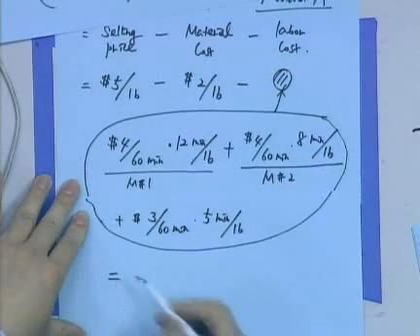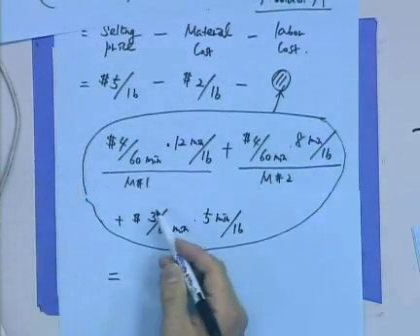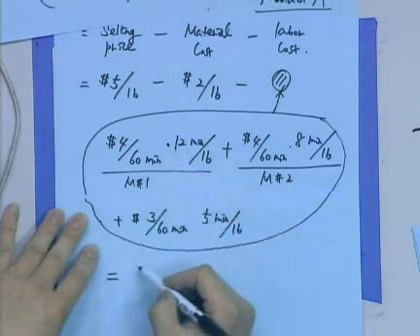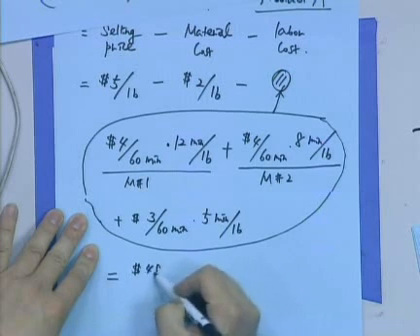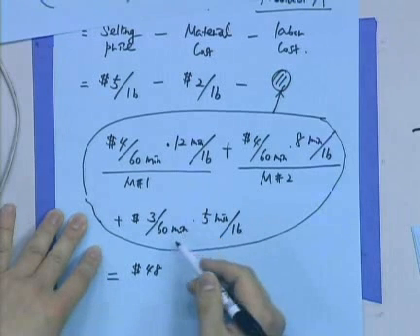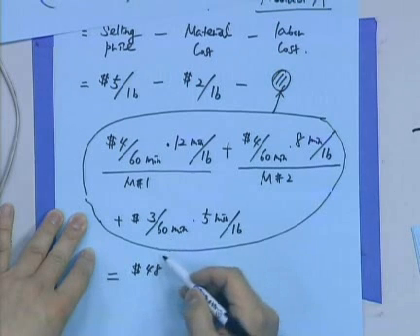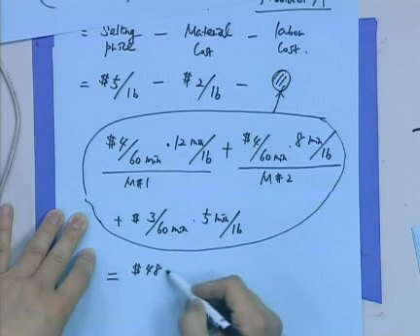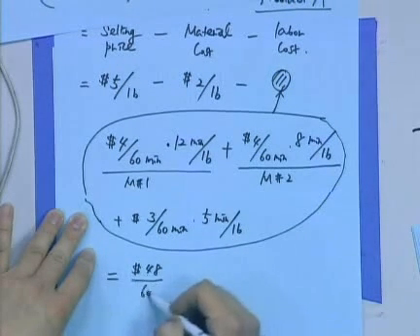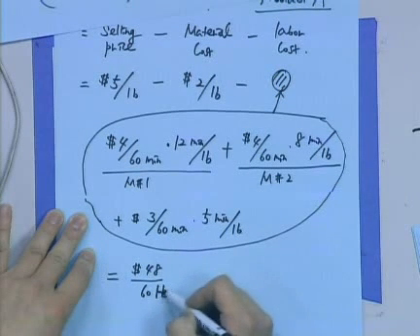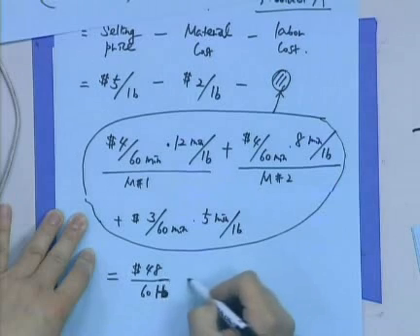And the labor cost becomes $48 per 60 pounds, right?